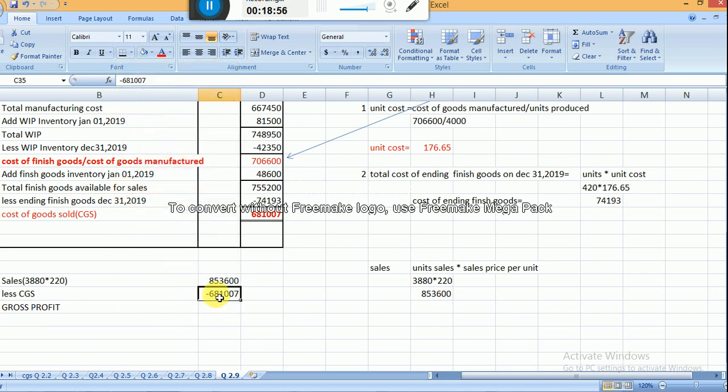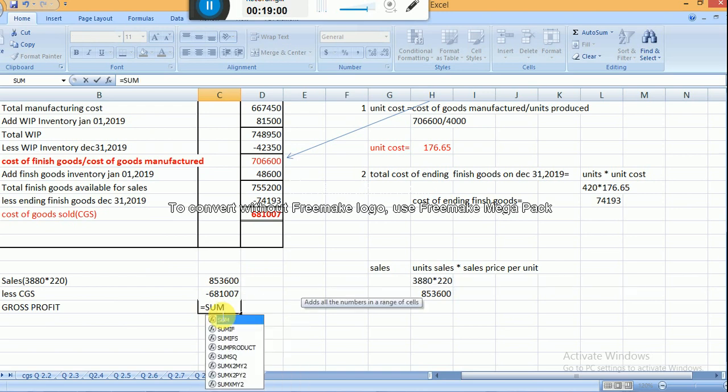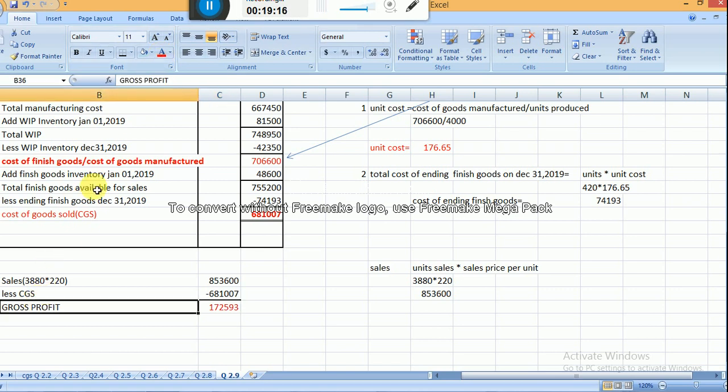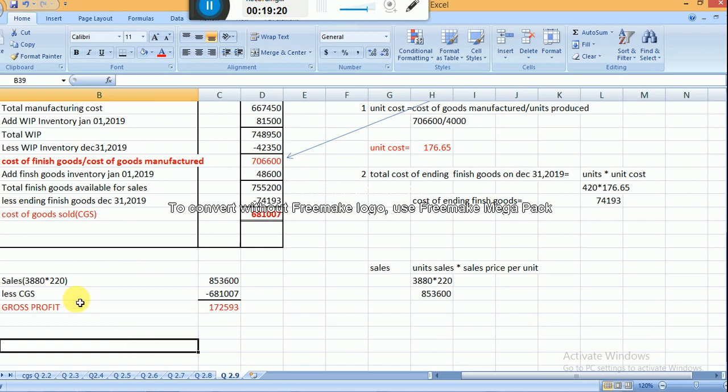From sales we subtract the cost, and we get 1,72,593. This is our total gross profit.